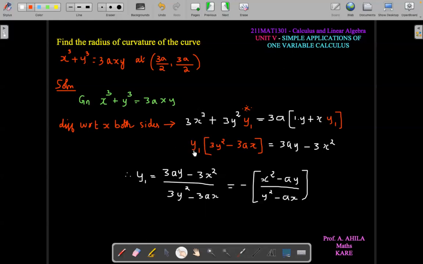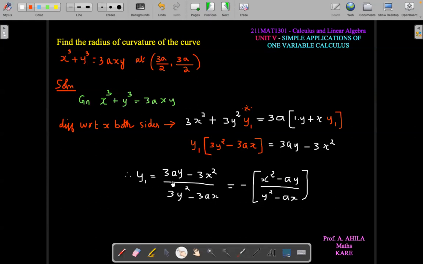Now we collect y1 on one side. So y1 terms are this and this term. So if I take y1 common out, here 3y square, here 3a into x, bringing to the left side, 3y square minus 3ax. Okay, the other terms on the right side. So 3ay minus 3x square.